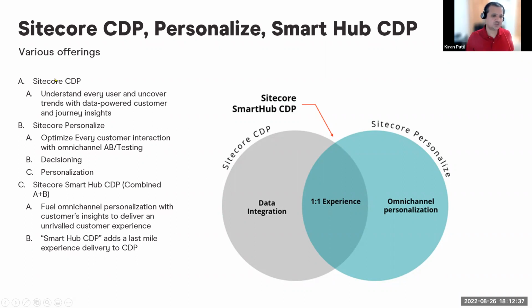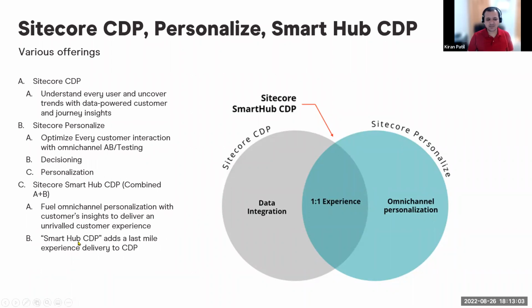So Sitecore CDP as one product, you can understand every user and uncover trends with data-powered customer and journey insights. That's what Sitecore CDP is. Sitecore Personalize optimizes every customer interaction with omnichannel A/B testing, decisioning, and personalization. And Sitecore Smart Hub CDP combines both, and then you can provide the full omnichannel experience.